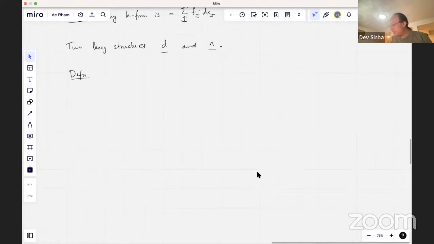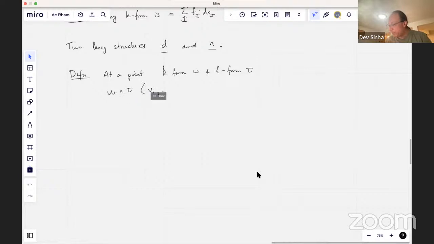At a point, and we often do this, and then there's some smoothness to check for this construction. And again, we won't bother in a quick crash course like this. If I have a K-form omega and an L-form tau, then omega wedge tau is going to be a K plus L form.